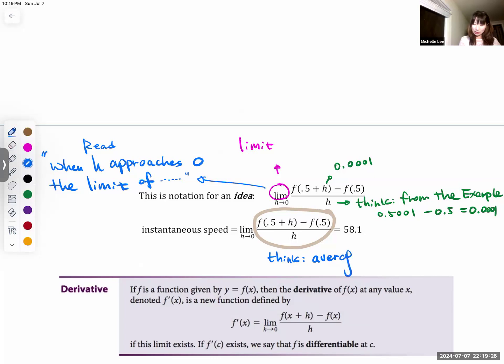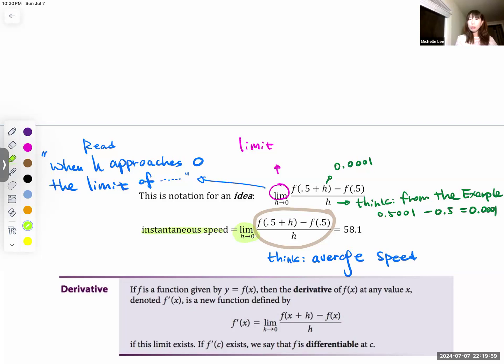Average speed, right? Okay, but then we take the limit, then that will be instantaneous speed, right? So we want to know about the speed at the moment, right? So we take the limit.